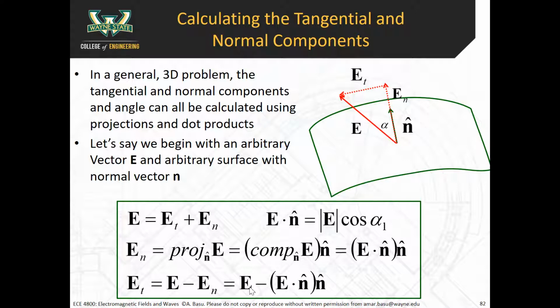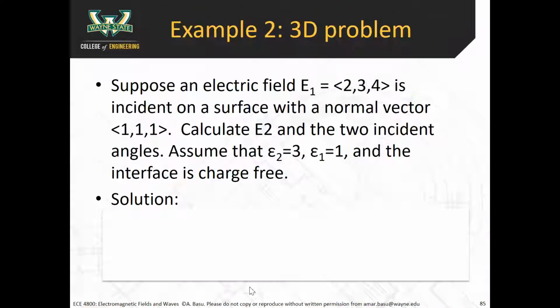All right, now how do we find E2n? We have to use the second identity, D2n minus D1n is equal to rho sub s. Now in this problem, notice that it says the interface is charge-free. So what is our rho s?